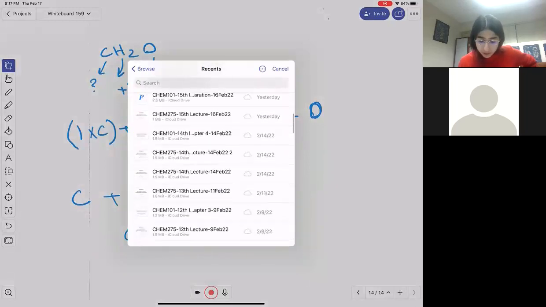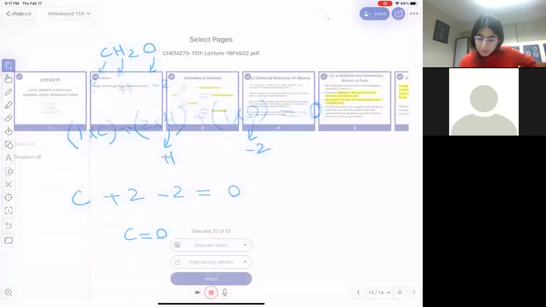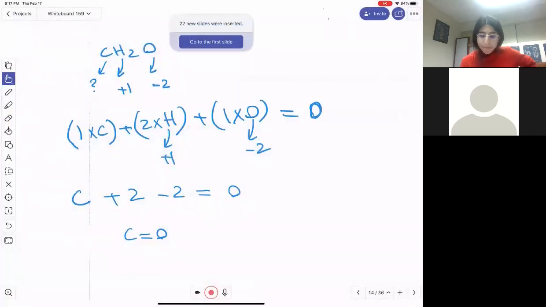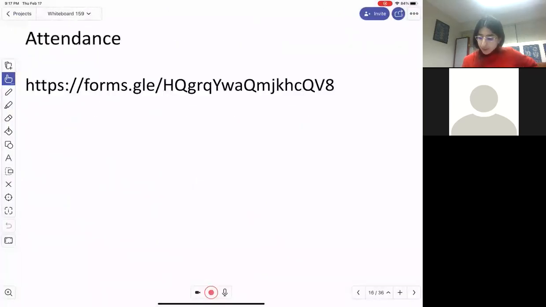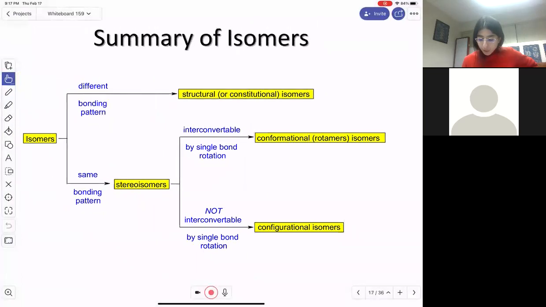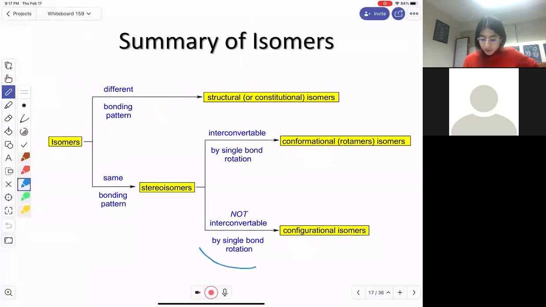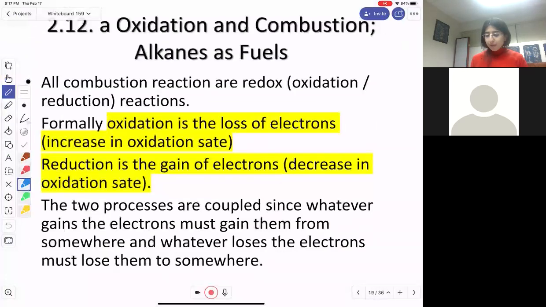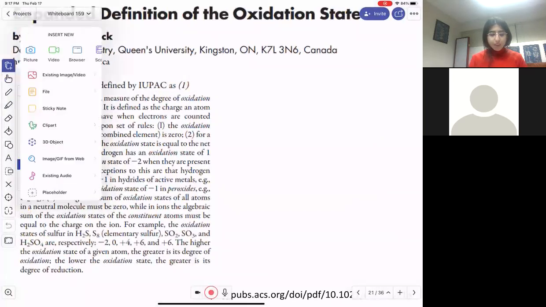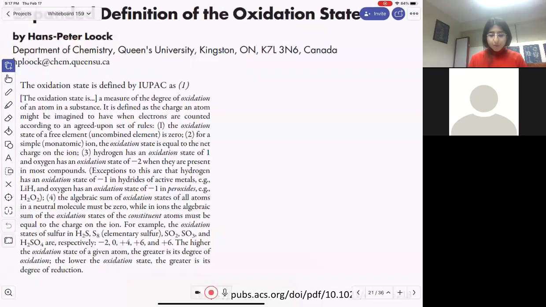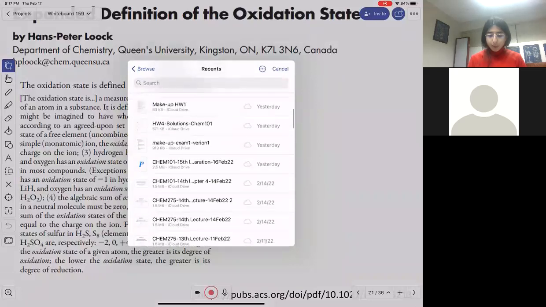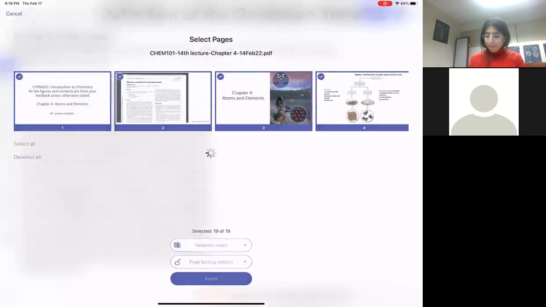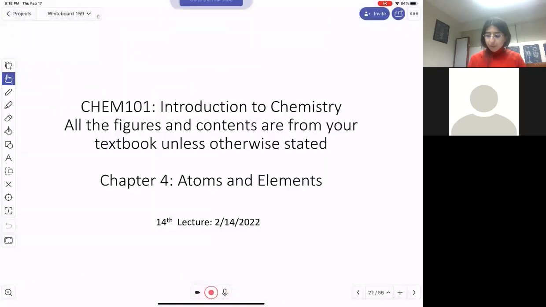Let's go to lecture 15. If I go to this lecture, you see we cannot convert them by single bond rotation. So they are configurational isomers. Okay, remember? Did I delete that? Yeah, so let me go to the 14th lecture, but I explicitly have them too. Where's the slide?